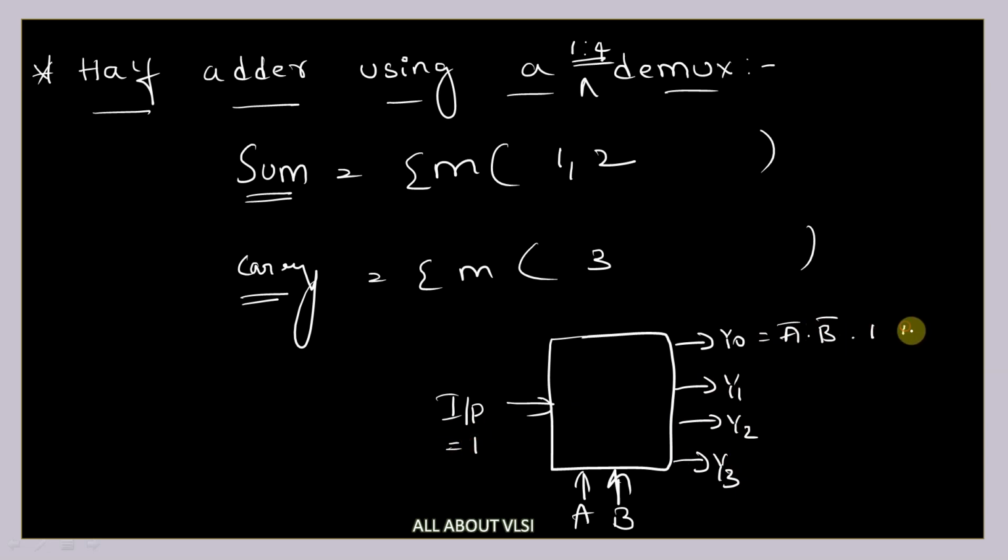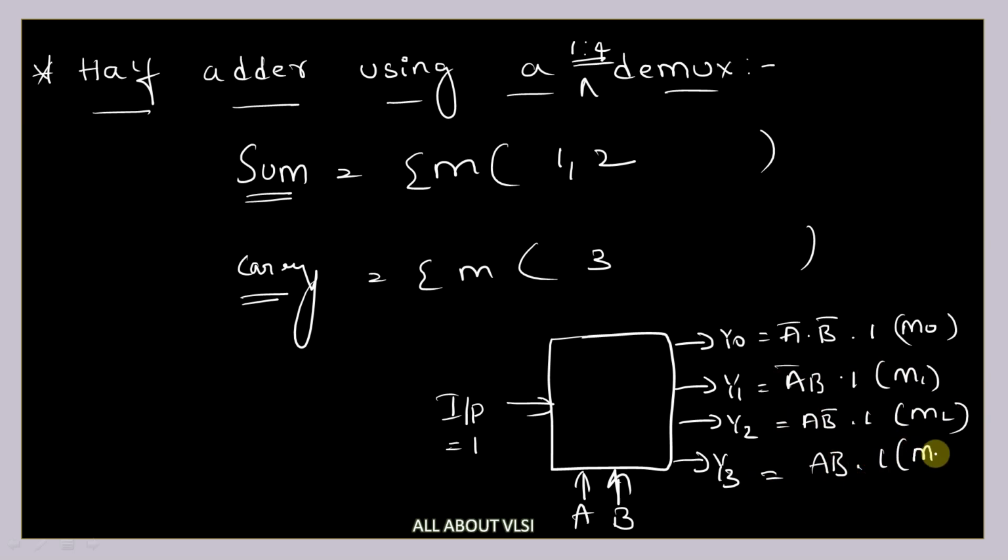So this is minterm m0. This is a bar b into 1, which is minterm m1, this is a b bar into 1, which is minterm m2, and this is ab into 1, which is minterm m3.